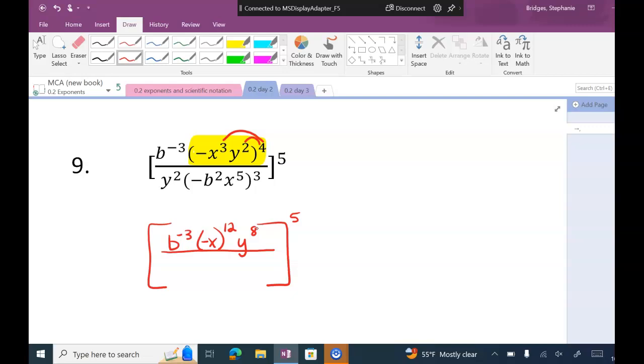Then I'm going to do the same thing at the bottom. That y squared is outside of my parentheses, so it stays as it is. And I'm going to take everything inside the parenthesis and I'm going to give the exponent to it. So that's going to be a negative.